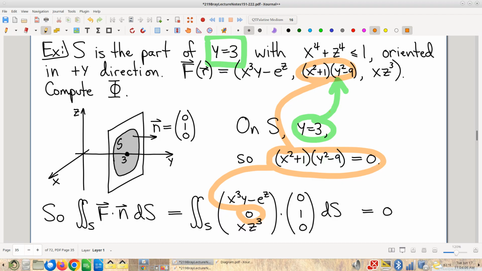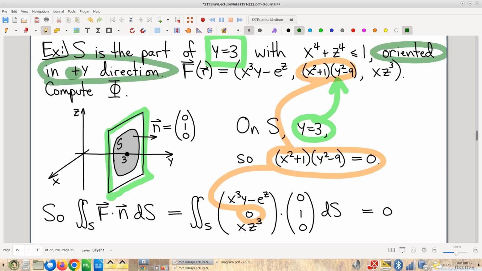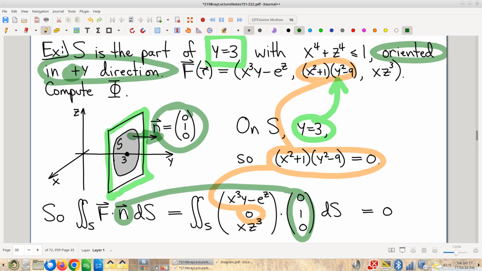Secondly, because y equals 3, because this is a plane, and because it says right here that the surface is oriented in the positive y direction, well, I know all about planes like that. I know exactly how they're arranged in space, and I know exactly what that normal vector is. So again, we get kind of lucky, and I can instantly write that down.